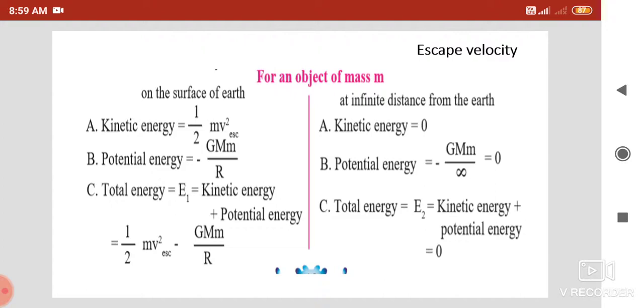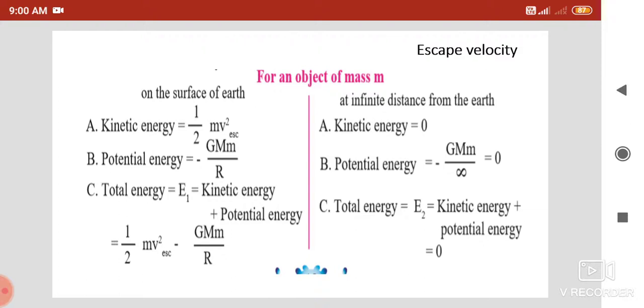Here r is the radius of the earth, capital M is the mass of the earth, capital G is the gravitational constant, and small m is the mass of the object. Then total energy is equal to kinetic energy plus potential energy, which comes to half m v_e squared minus GMm upon r.